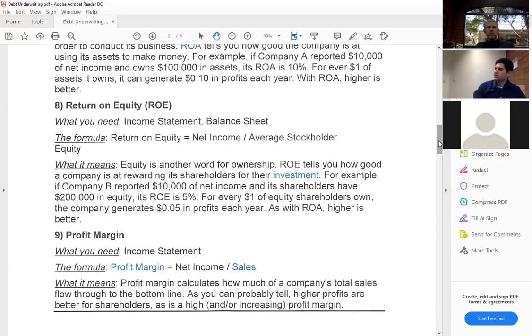So return on equity tells you how good the company is at rewarding its owner. And this can be challenging too, because depending on the owner, if he just has a bunch of retained earnings and is not distributing, it just tells you how much equity is actually in the company.